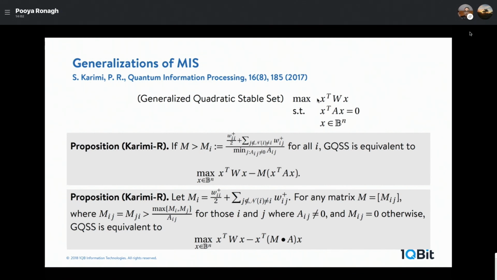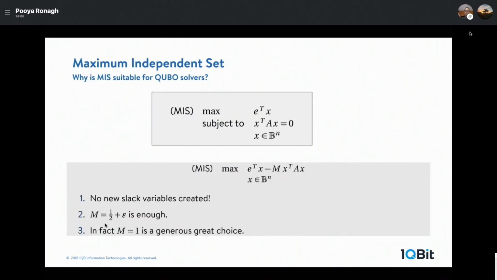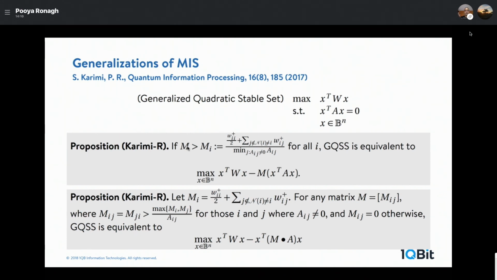So we were able to use the same logic that draws this 1/2 bound for the maximum independent set to find the tightest theoretical bound we can find for this problem.